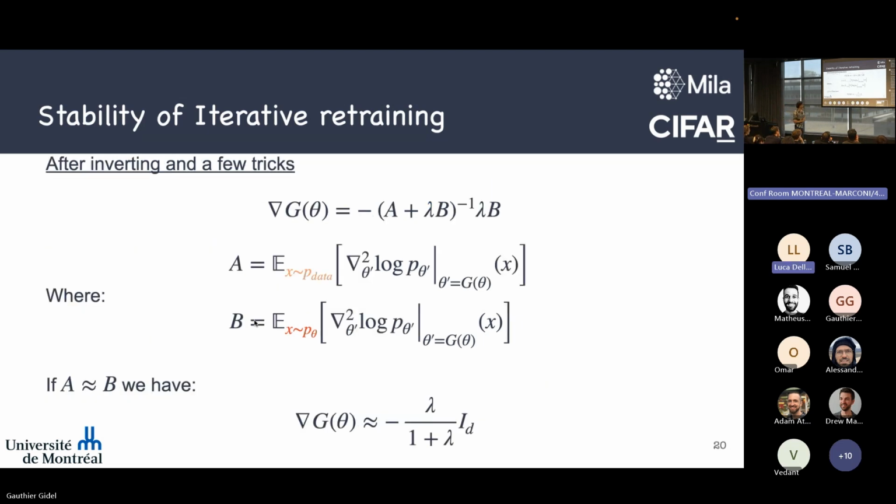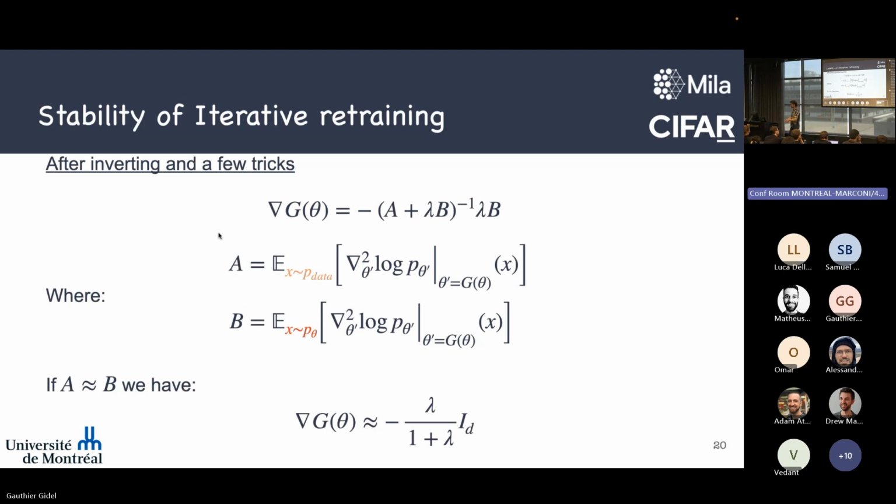What you get at the end is the following formula, thanks to standard tricks, where we know that the Jacobian of the operator has these specific forms that depend on basically the Hessian of the log probability at G theta, according to the data distribution and the generated distribution.